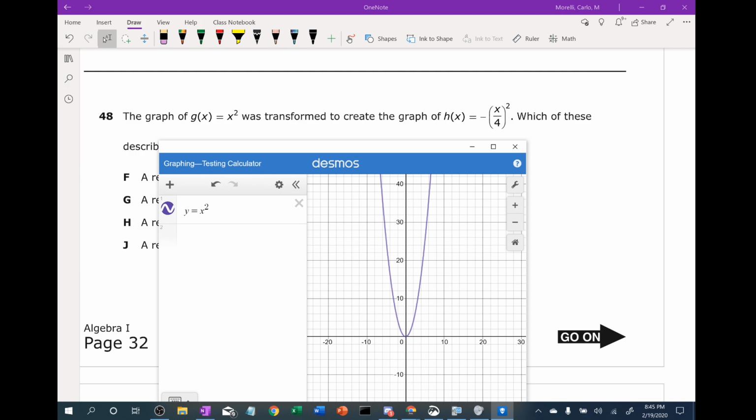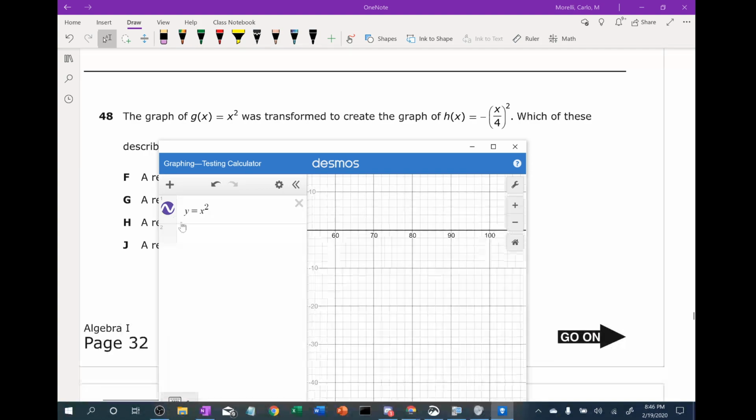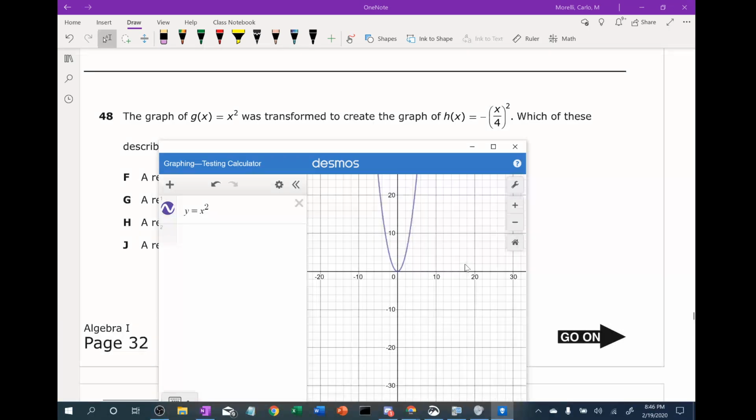Okay. Now we want to create a new line and type in h of x.